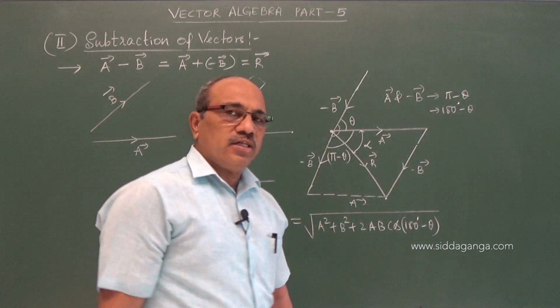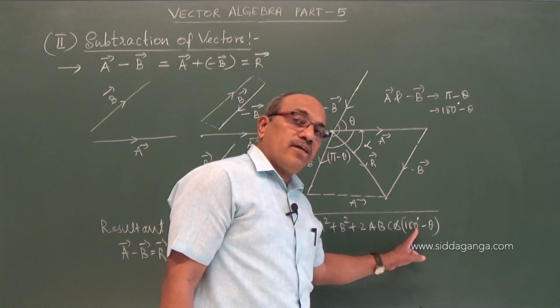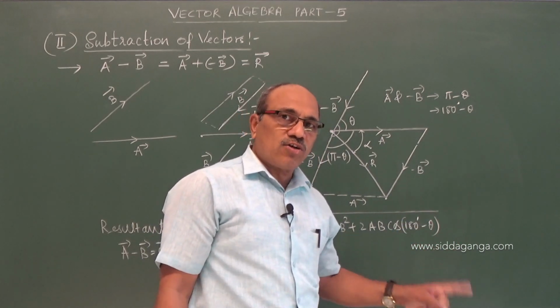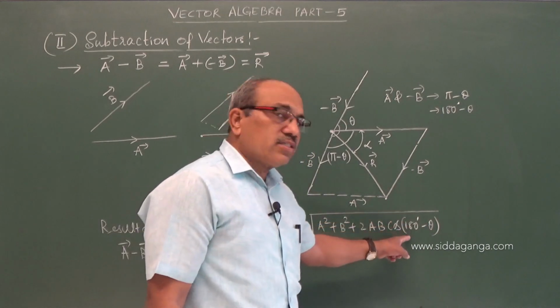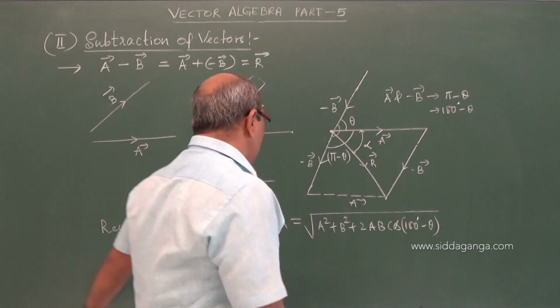Cos of 180 minus theta: I told you that for 180 plus or minus theta the function does not change, cos remains cos. But 180 minus theta is the second quadrant, where the cos function is negative, therefore it is minus cos theta.